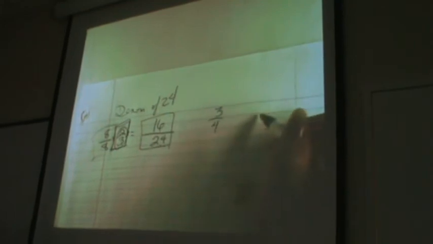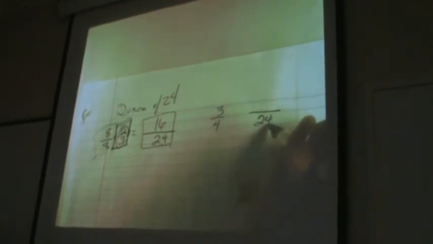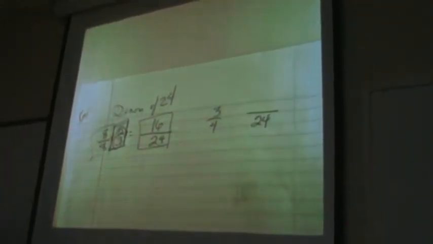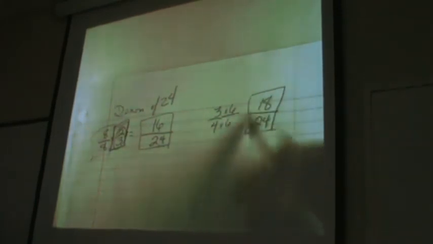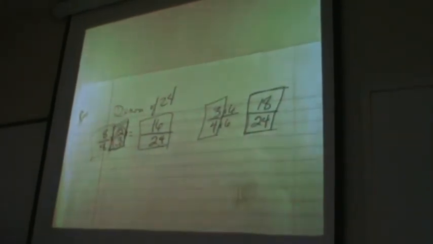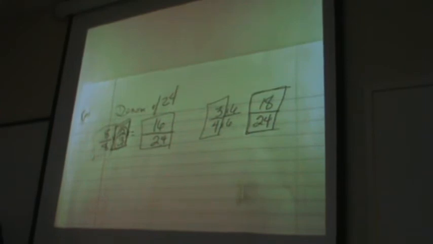Let's do the same with 3/4. What would that be as a fraction with a denominator of 24? Okay, 4 has to be multiplied by 6, so we're going to multiply the top times 6. 3 times 6 is 18, so this has the same value as 3/4. Okay?